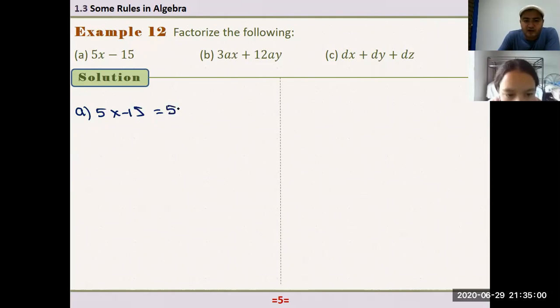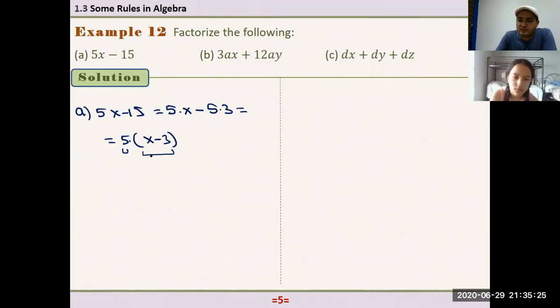So here we have 5 times x minus, how about 15? I can write it as 5 times 3. So the common factor here is 5. Take this out. So here we have x minus 3. As you see here, I had one algebraic expression. Now I have two things. I wrote this thing as something times something, right?